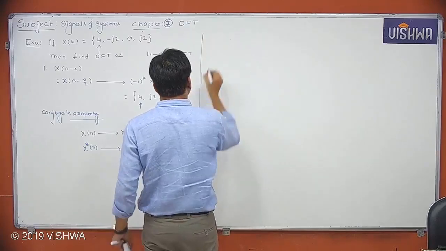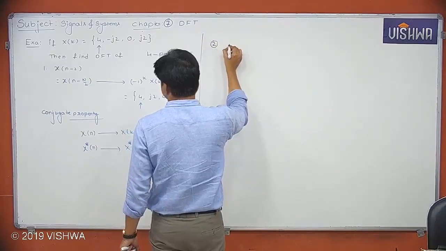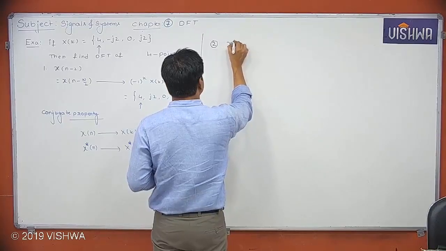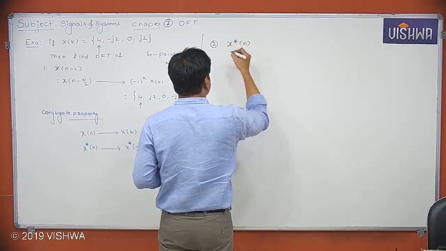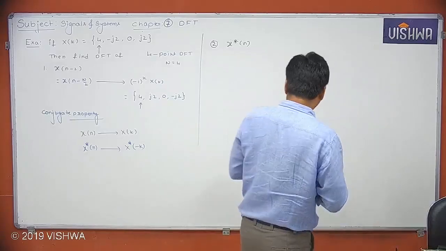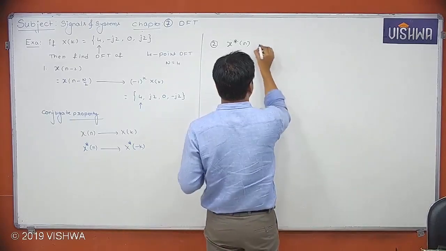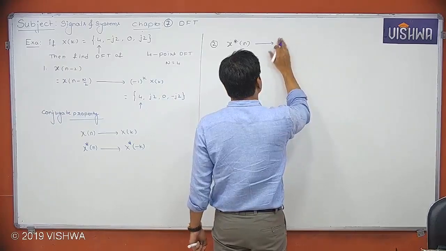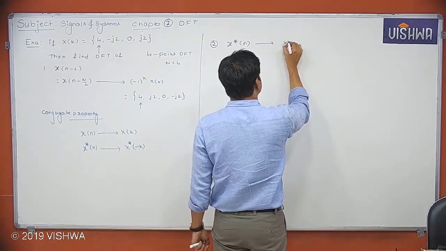Suppose in the second question they ask to find the DFT of x conjugate of n. If it is x conjugate of n, it is going to have DFT X conjugate of minus k, as we have just seen.